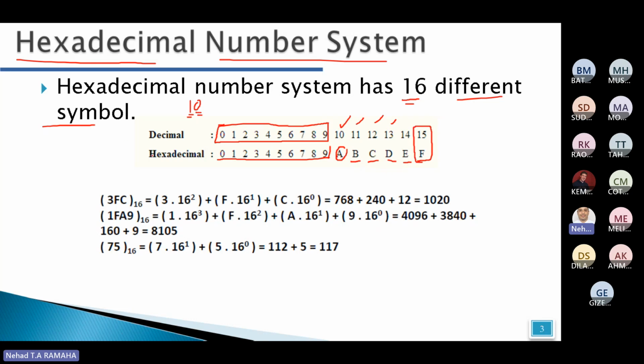Why 15, not 16? There are 16 different symbols because we started from 0, so we have 0 to 15, which is F.